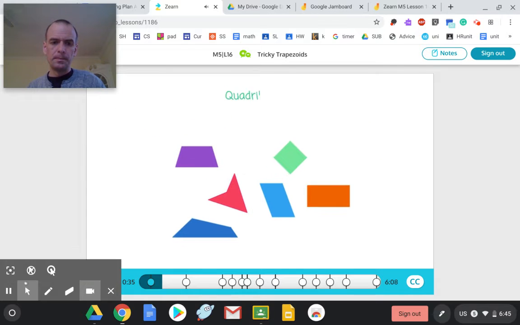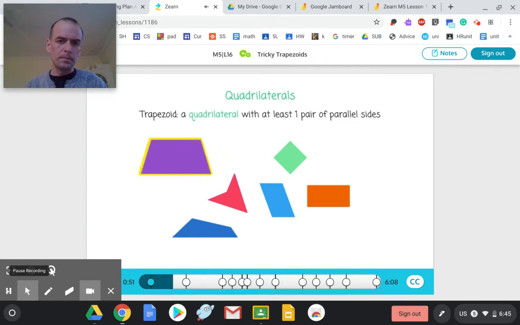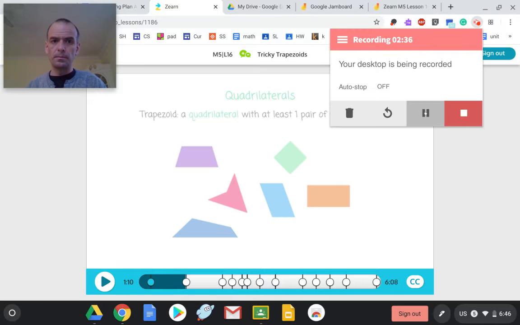All of these are quadrilaterals because they each have four straight sides. Also trapezoid. A trapezoid is a quadrilateral that has at least one pair of parallel sides. So this quadrilateral is also a trapezoid because these sides are parallel. They'll never intersect, even if they continued in both directions. Do you see?